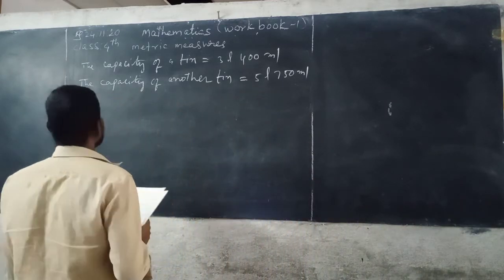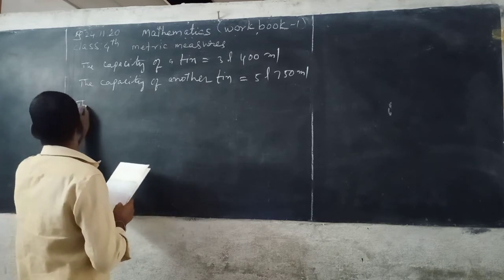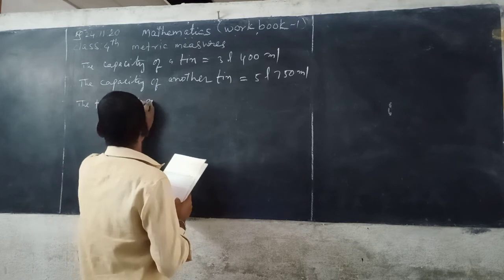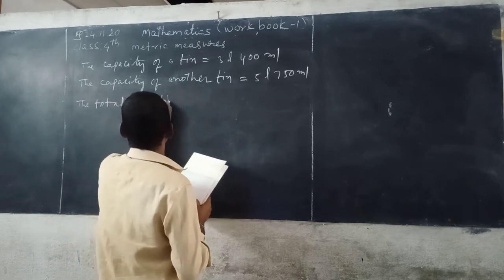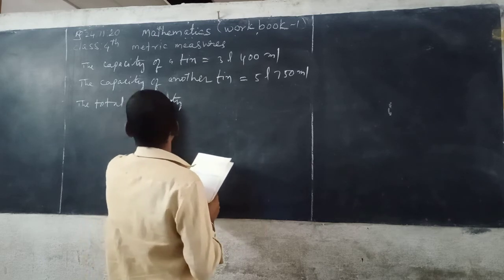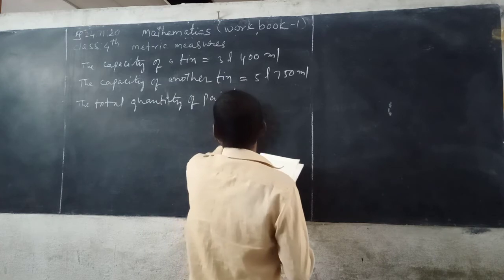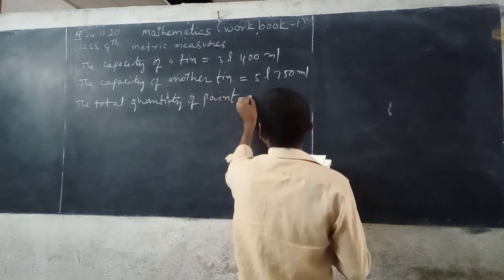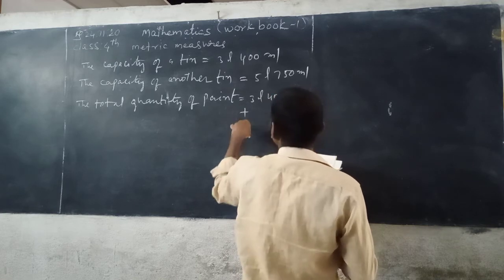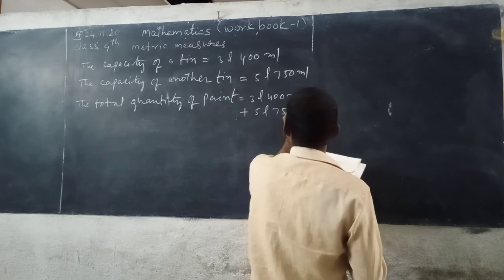See here, the total quantity of paint is equal to 3 liter 400 milliliter plus 5 liter 750 milliliters.